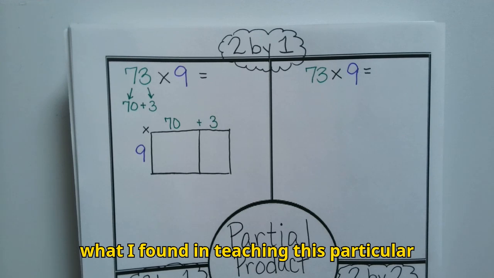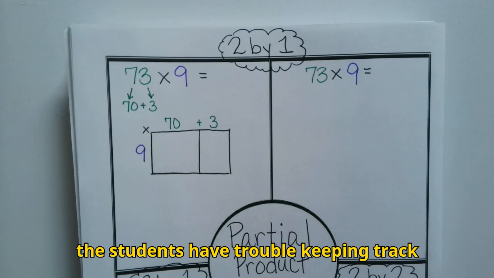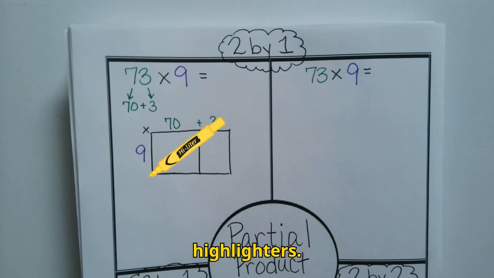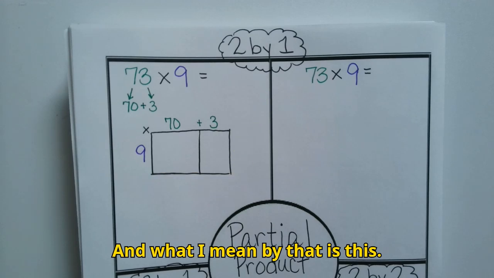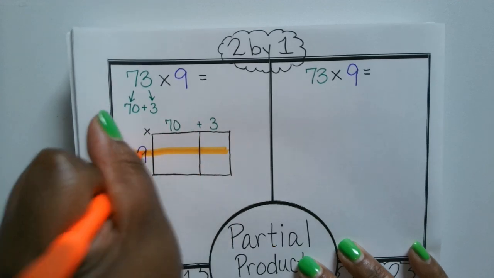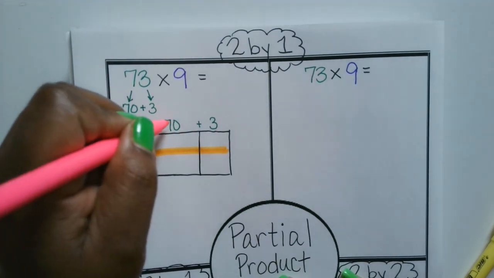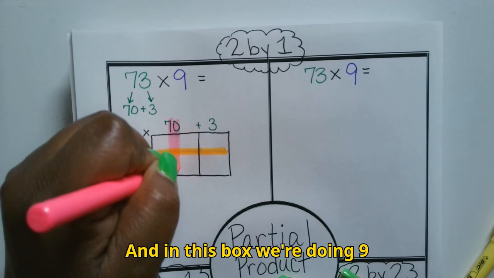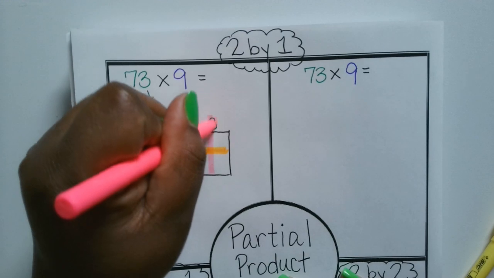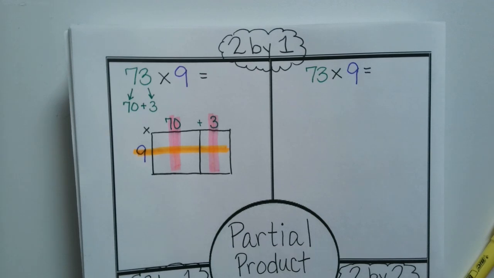What I found in teaching this particular method is the students have trouble keeping track of what to multiply with what. So what I do in this case is use highlighters. And what I mean by that is this. So both of these boxes would be multiplied by this 9. In this particular box, we're doing 9 times 70. And in this box, we're doing 9 times 3. This way, the students can keep up with what is being multiplied together.